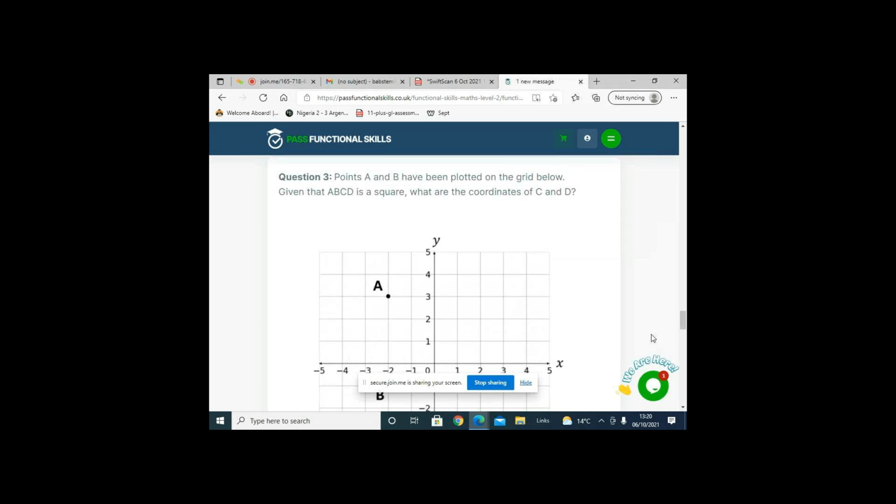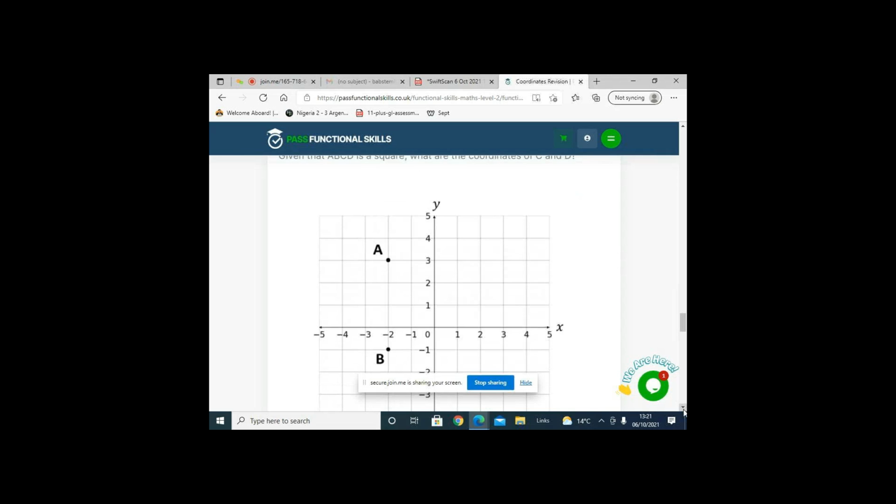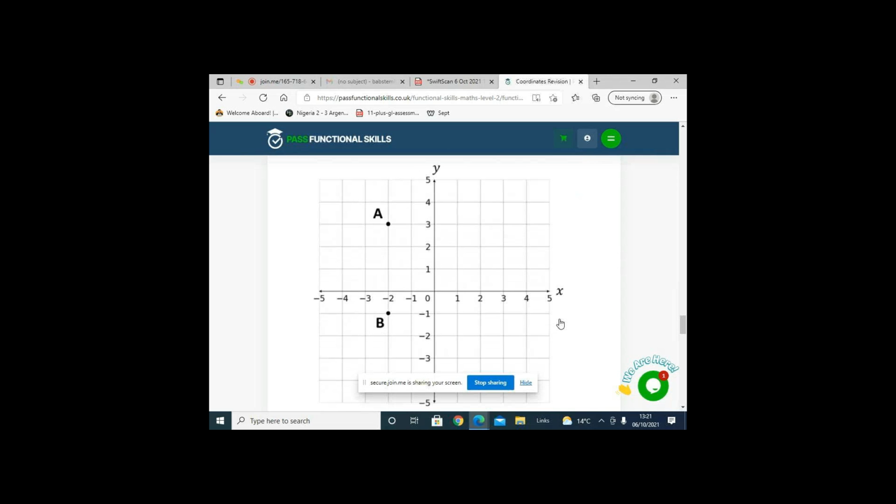So look at this one now. It says that points A and B have been plotted on a grid. So given that ABCD is a square, what are the coordinates of C and D? It will be 2 to the right.